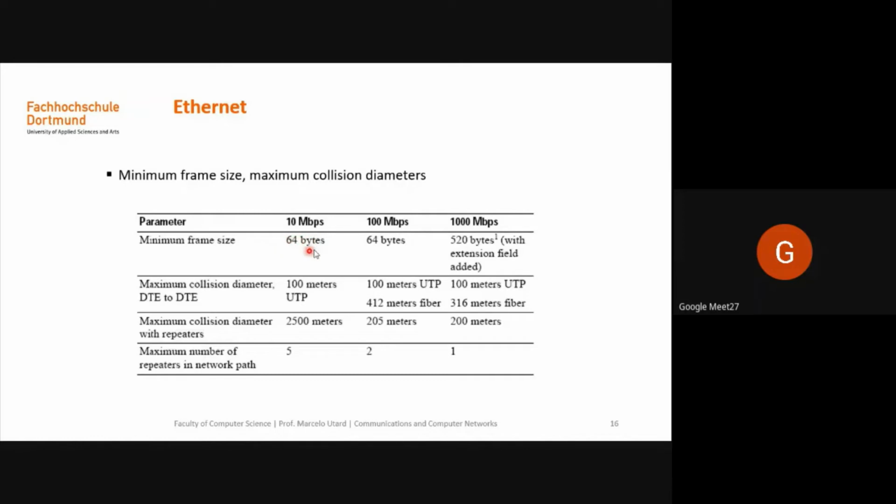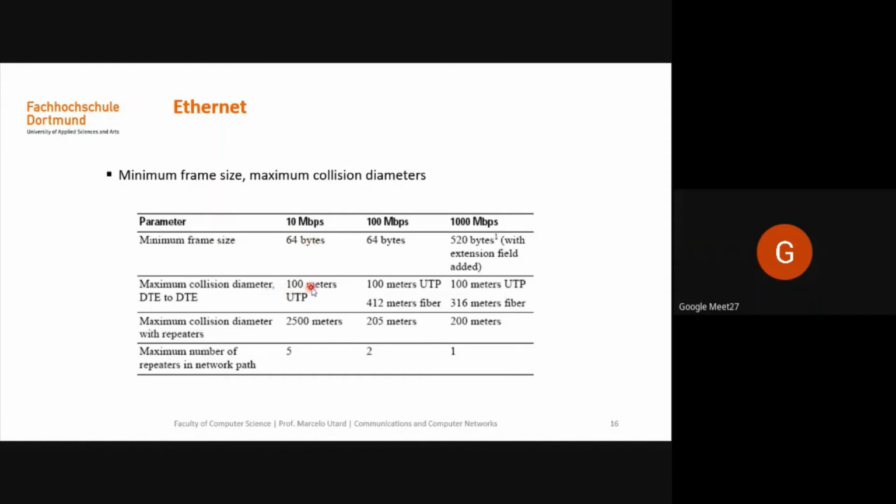And if we calculate with this minimum frame size and this rate, we could calculate the minimum time that any station will be transmitting a frame. That is called the collision time window. That is the time window during which collision could be detected.